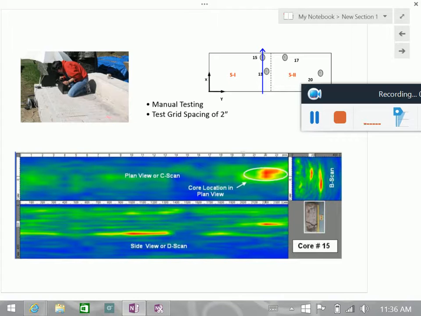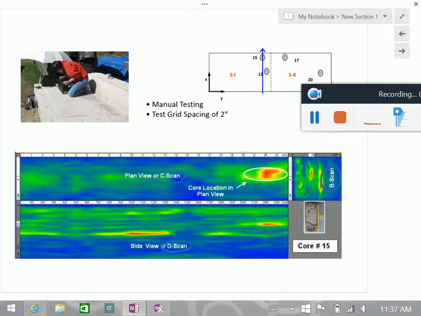That's what it is. And B scan and D scan are very similar. They are cross sections in 2 different directions. So, for example, B scan here is the smaller, and D scan is the other cross section. Make sense?